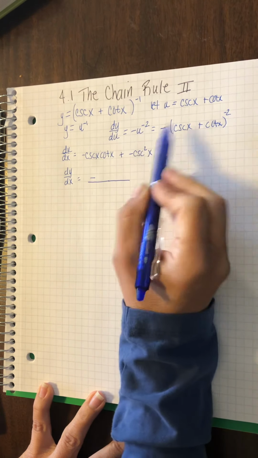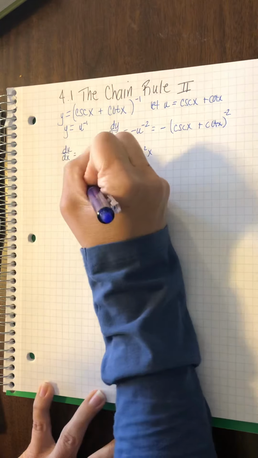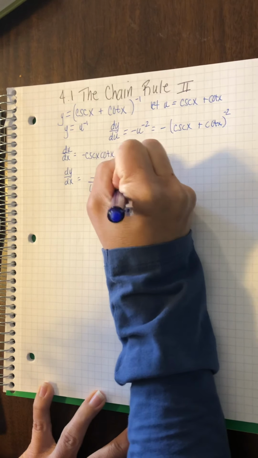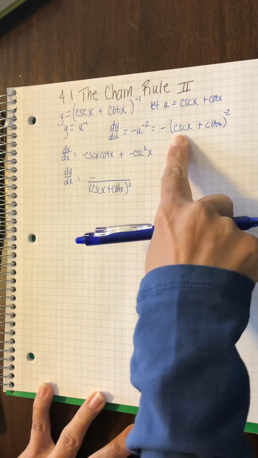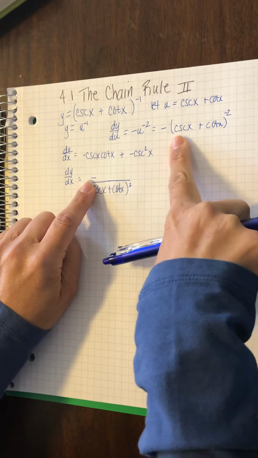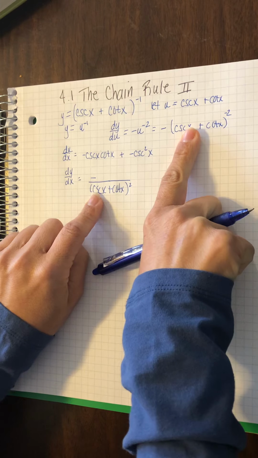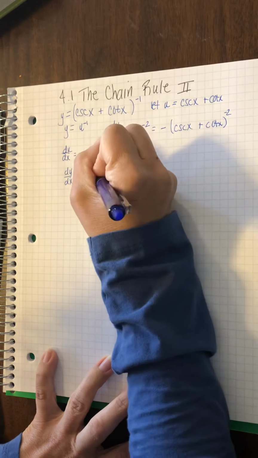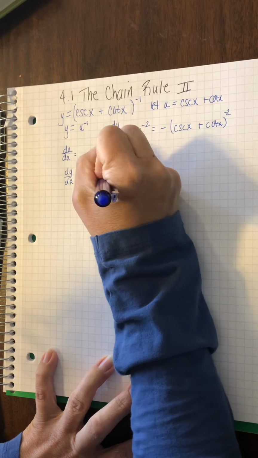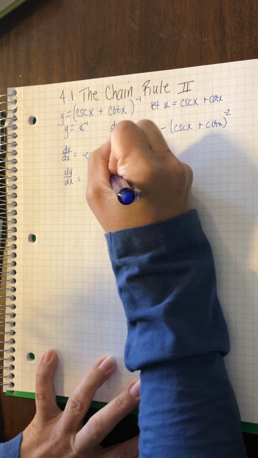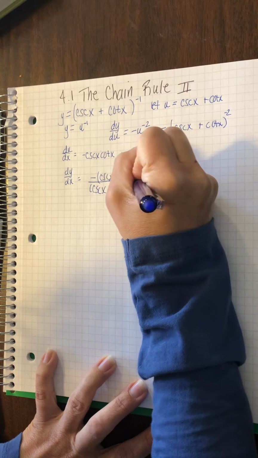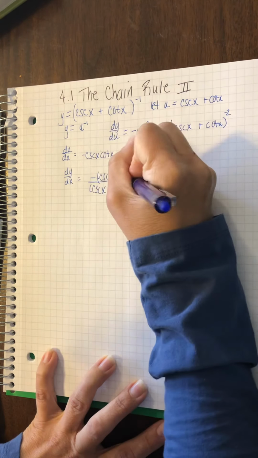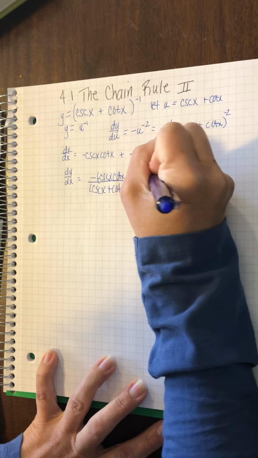So the denominator is going to be cosecant x plus cotangent x squared. Okay, so -1, times du dx, and du dx is negative cosecant x cotangent x, minus cosecant squared x.